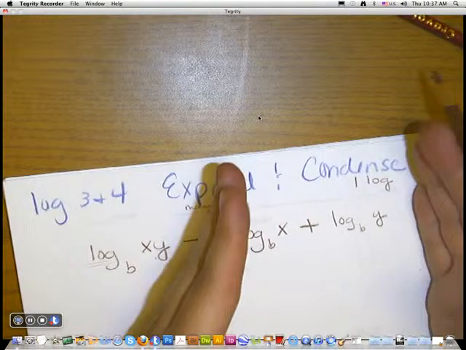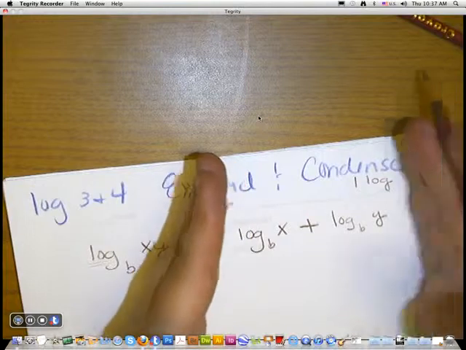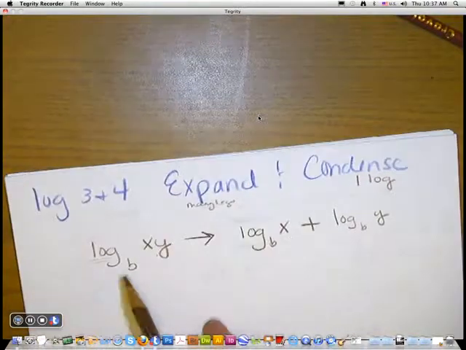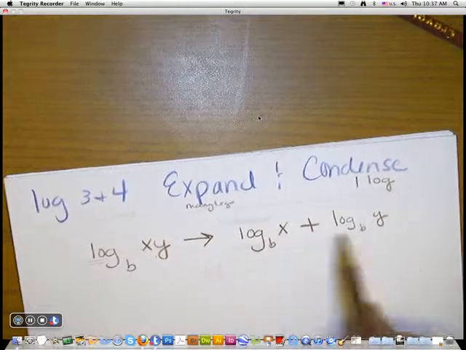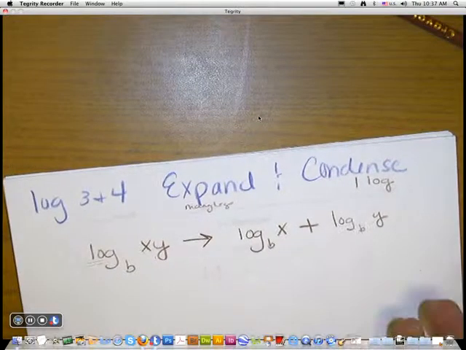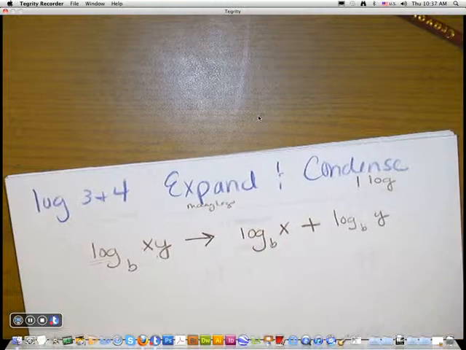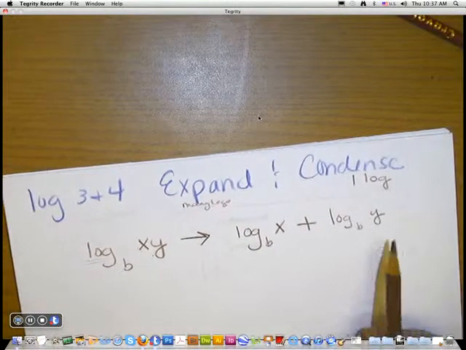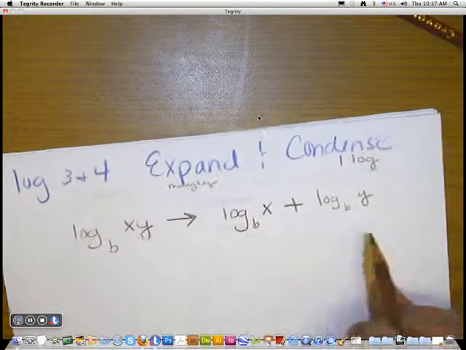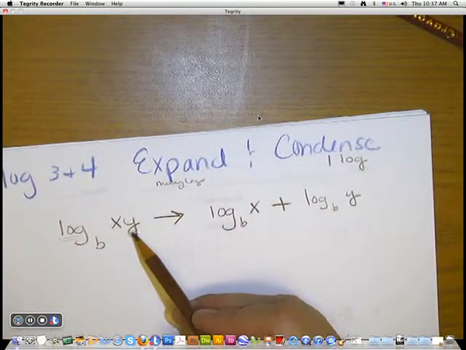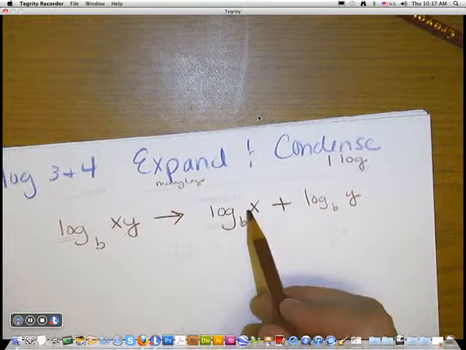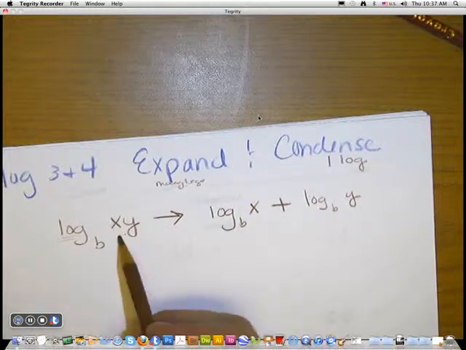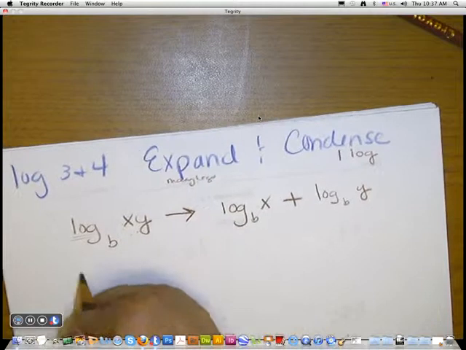And the other way, if I have addition, I condense it back to one log. Now the key component here is that it does have to be the same log base, and it will be. It's very, very rarely that you'll ever see a problem unless it's usually a misprint. So anytime you see multiplication, we're going to separate them with addition, and vice versa. If I have addition, I'm going to bring them back together with multiplication.